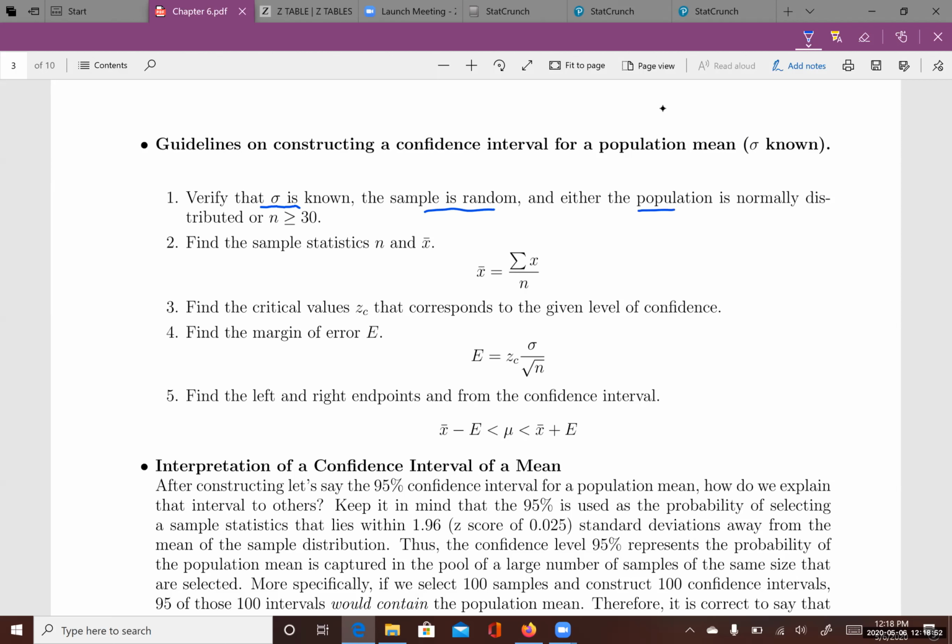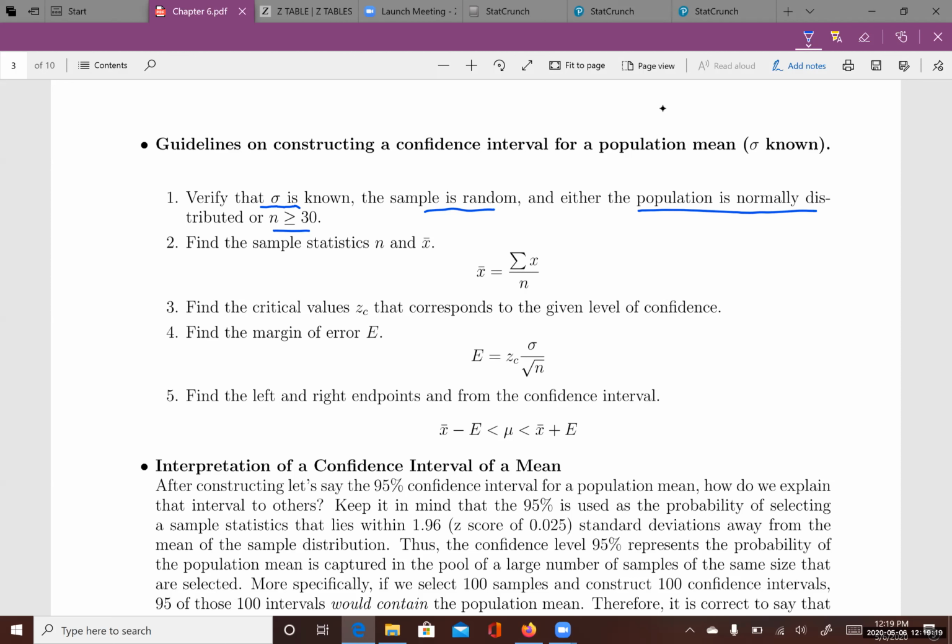Either the population is normally distributed or the sample size is at least 30. The reason for the sample size being at least 30 is that by the central limit theorem, the sampling distribution is then normally distributed. And you can use the sample mean to estimate the population mean.